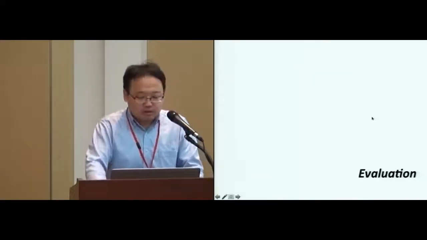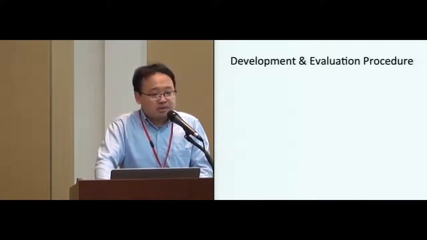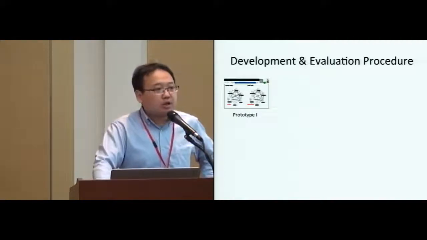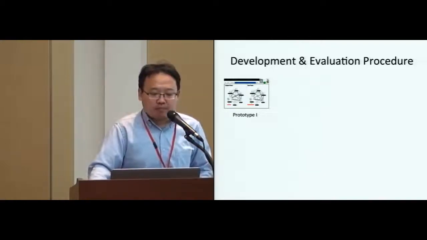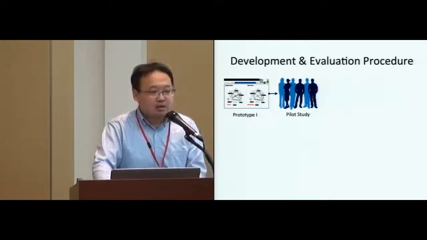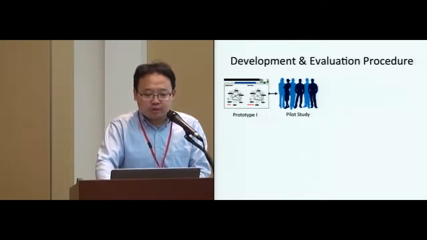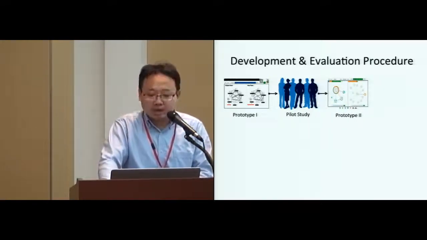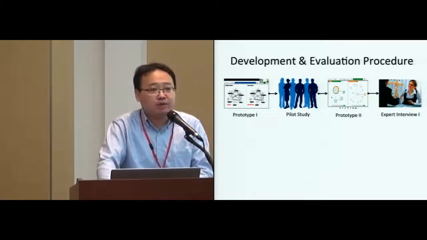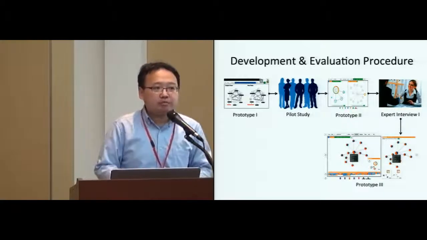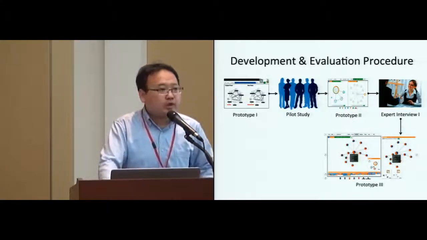So in terms of evaluation, we developed this system by working closely with several domain experts. We actually worked out three prototypes. For the first prototype, we generated prototype-based suggestions from two domain experts. Then we conducted a pilot study with 20 users and collected their feedback, and then produced the second prototype and did another round of domain expert interviews and collected another round of feedback, which significantly improved our system and led to the third prototype.